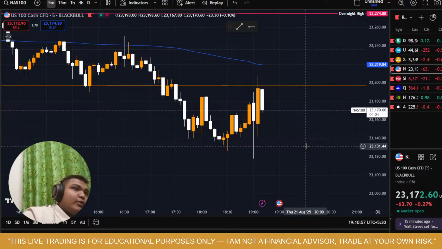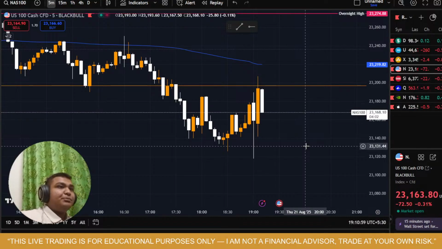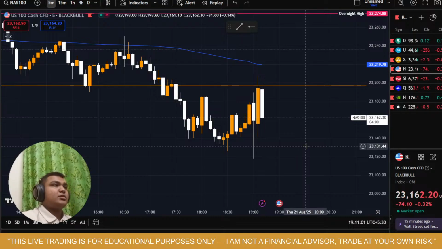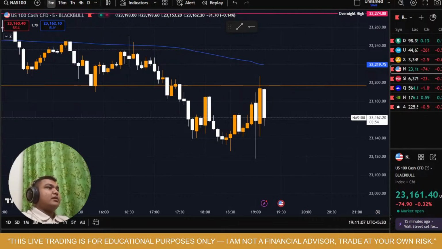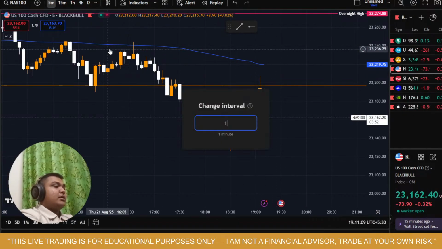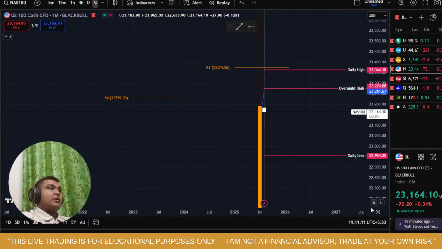Okay, I took one trade on the market open 2-minute range breakout, and I got a small SL. That's it. It just started making nothing.